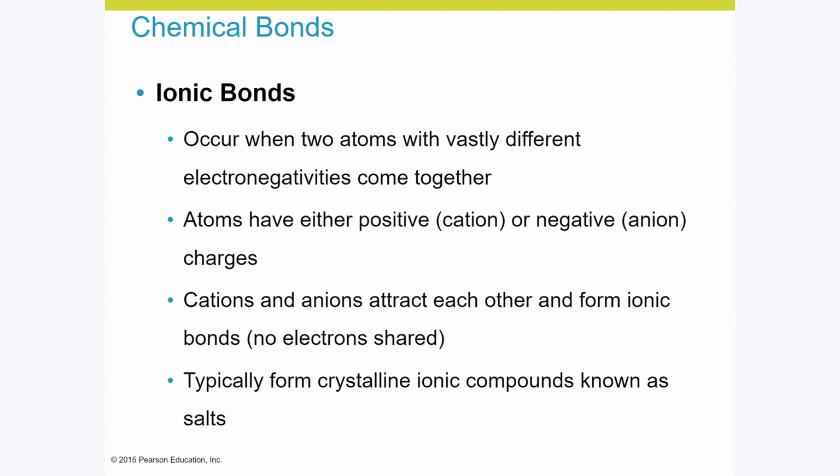So positive charge, negative charge: cation, because they're positive; anion, because they're negative. Cations and anions attract each other to form ionic bonds. These electrons are not shared. They are typically given. They typically form a crystallized ionic compound structure known as salts.